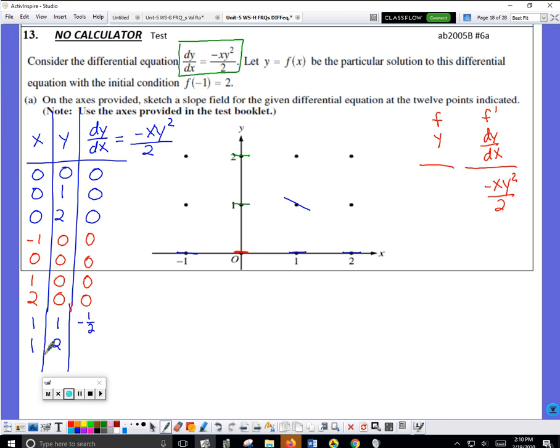This one here is going to be, let's see, we're going to 1. It's going to be negative. 2 squared is 4. 4 divided by 2 is 2. So it's -2. So come up here. -1 would be right to that spot. So -2 is to this spot.